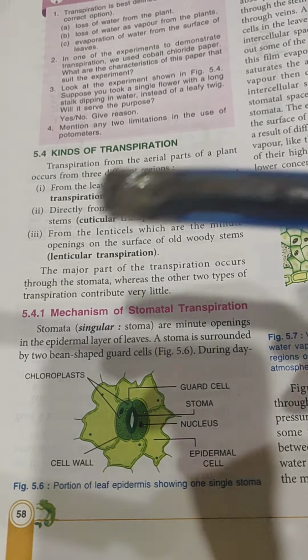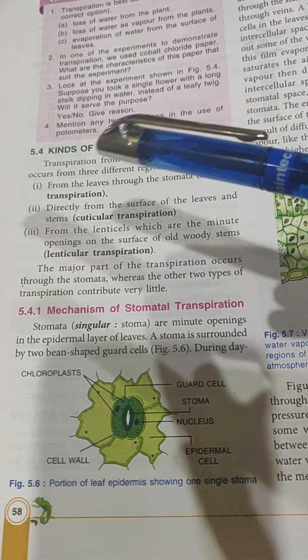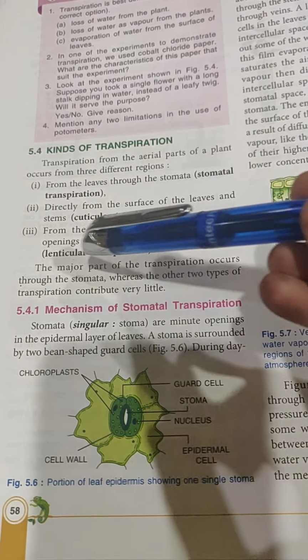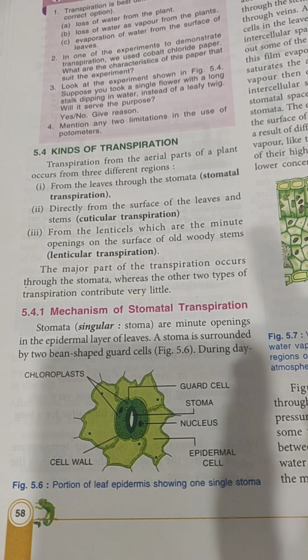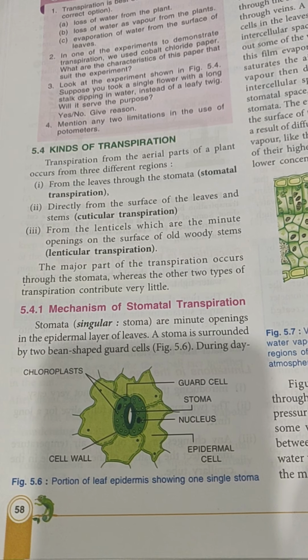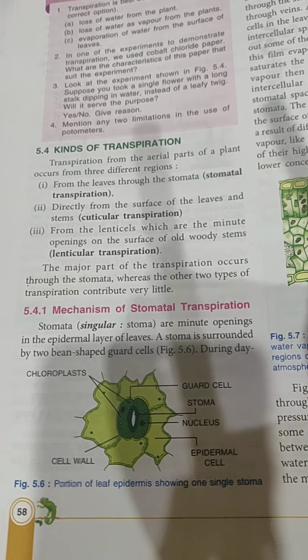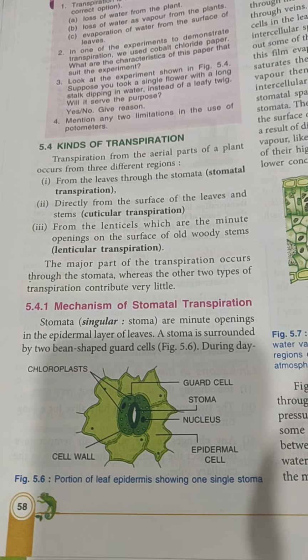Cuticle being the waxy layer on top of the leaf. And if it takes place from the lenticels, we call it lenticular transpiration. Lenticels are minute openings on the surface of old woody stems. Now there are three types of transpiration, but the major part of transpiration occurs through stomata.